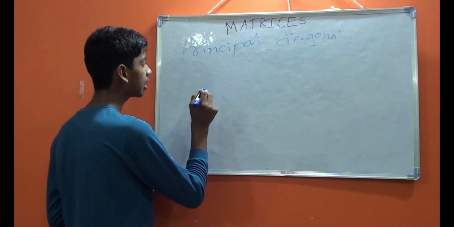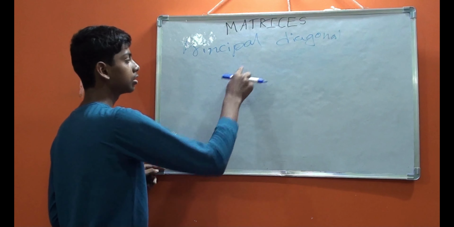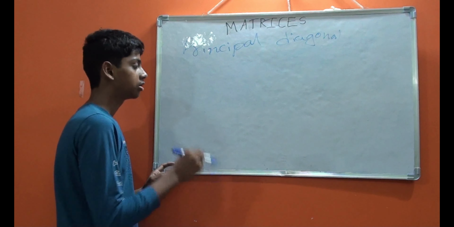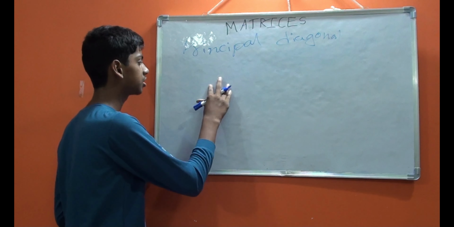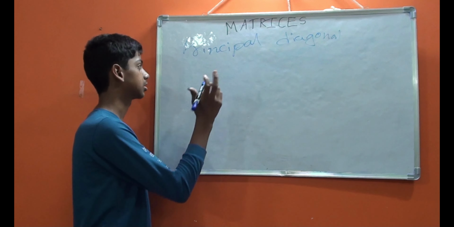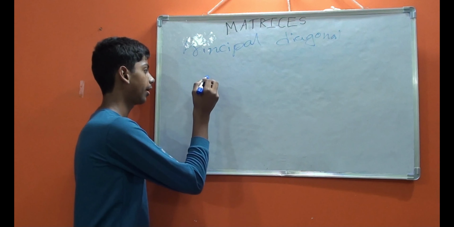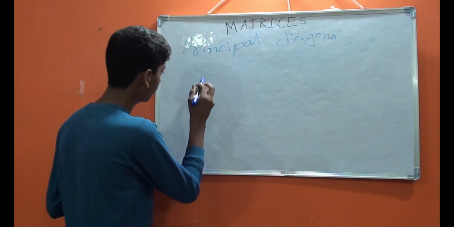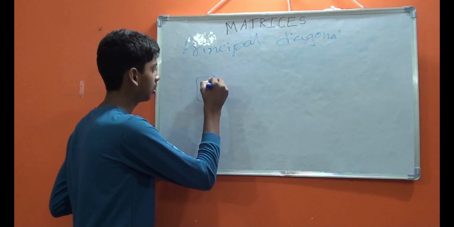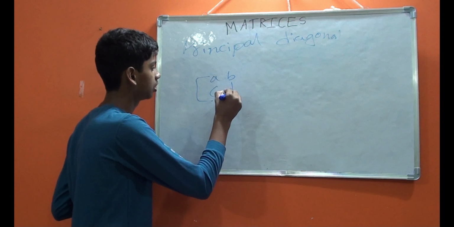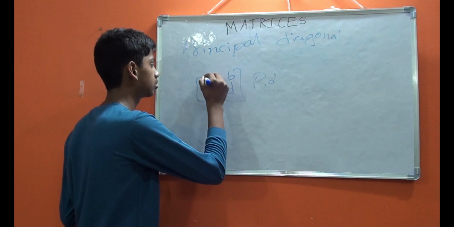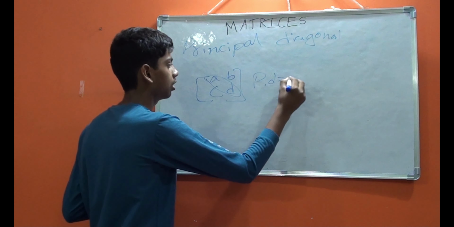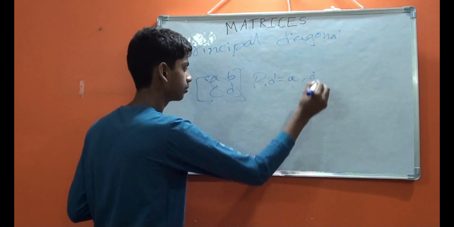Square matrices mean the number of rows equals the number of columns. Those kinds of matrices are called square matrices. Now let's take A, B, C, D. The principal diagonal equals A and D.